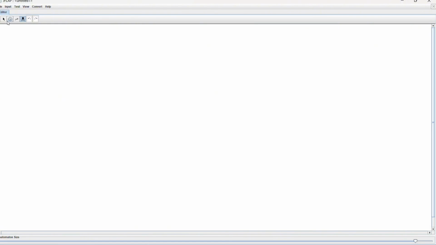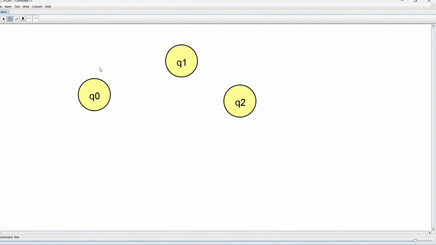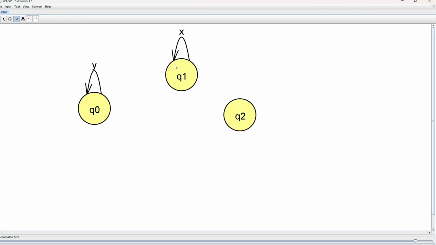So we are going to draw the DFA for XX. Q0, Q1, and Q2. So start mapping, so X, X, Y goes here.